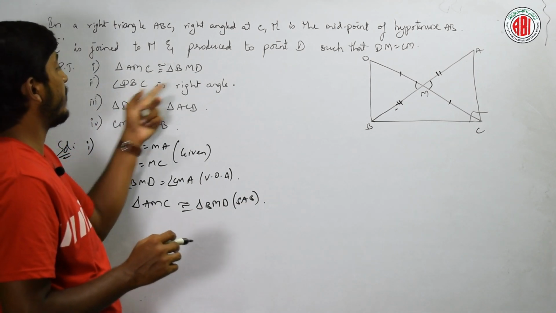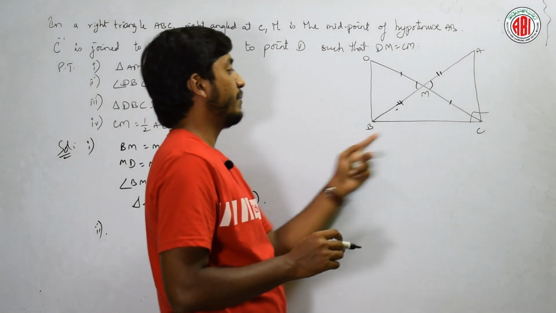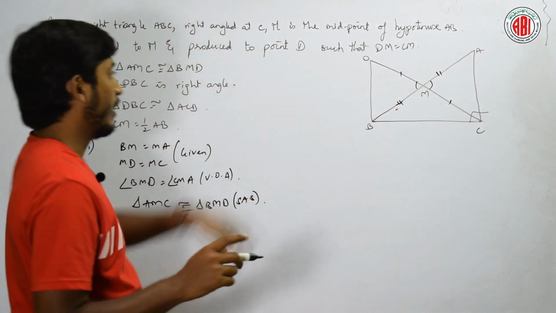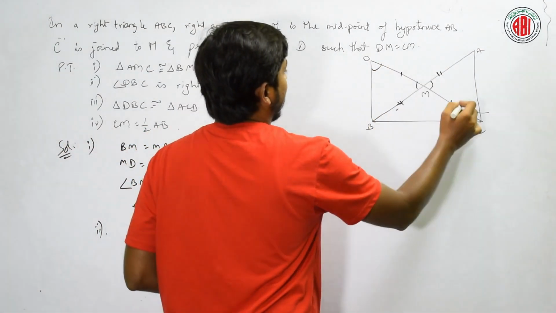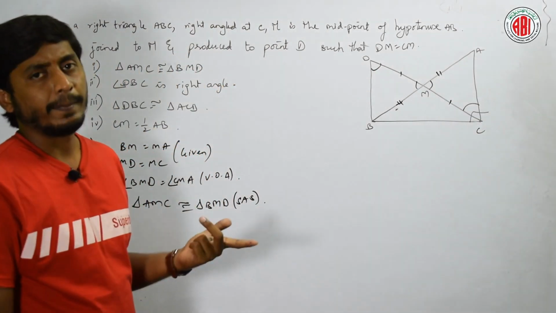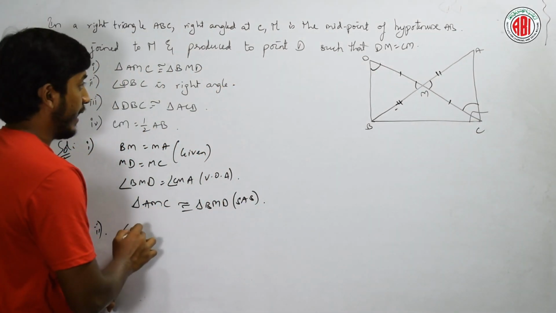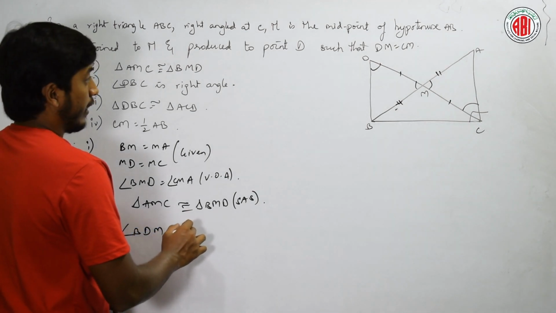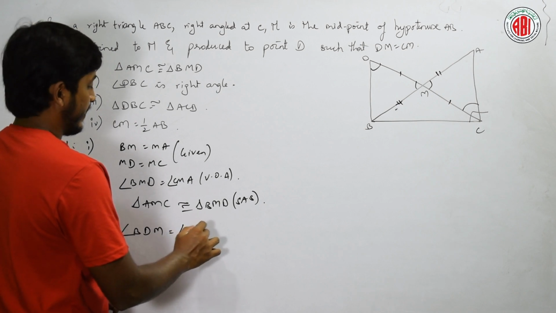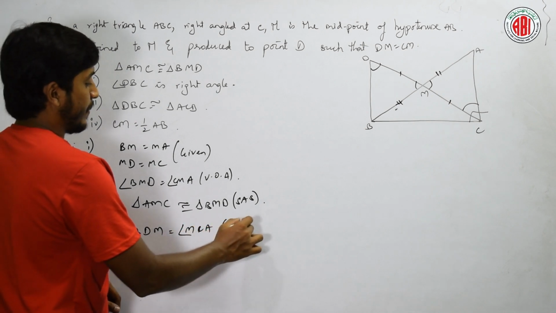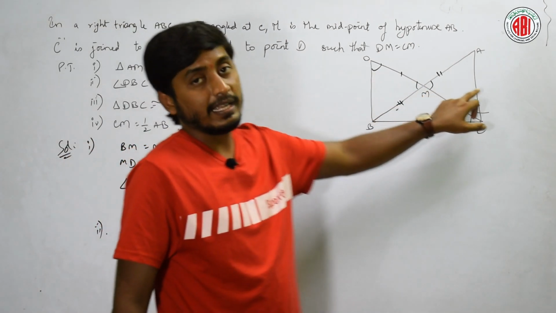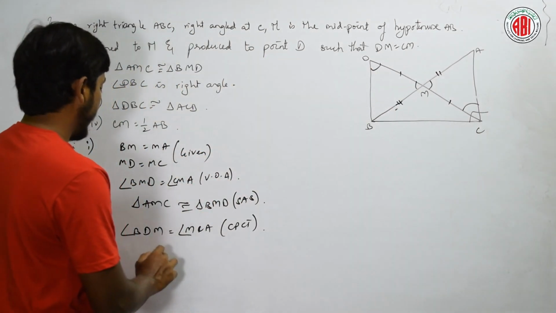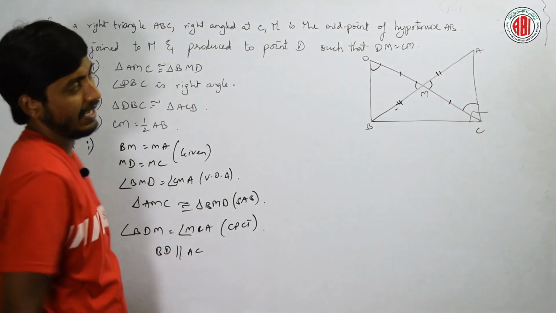Now look at the second one. He is asking to prove DBC is a right angle triangle. How do we prove DBC as a right angle triangle? First thing, these both triangles are congruent, right? Yes or no? From that I can tell that this angle is equal to this angle by CPCT. Okay, angle BDM is equal to angle MCA by CPCT, right? If these both angles are equal, this behaves as a transversal, then we can write that BD is parallel to AC.